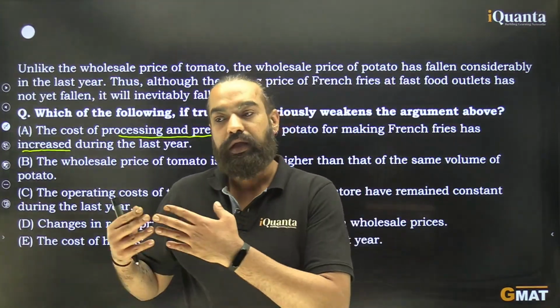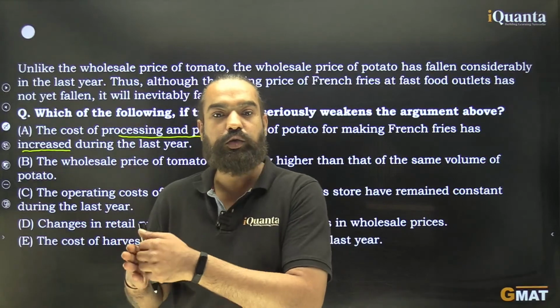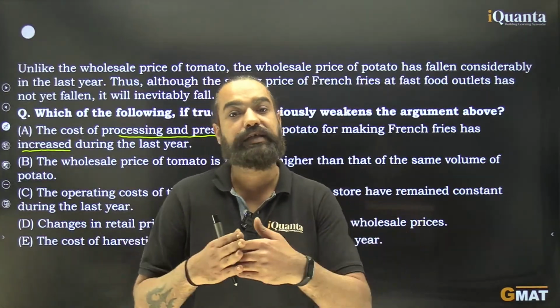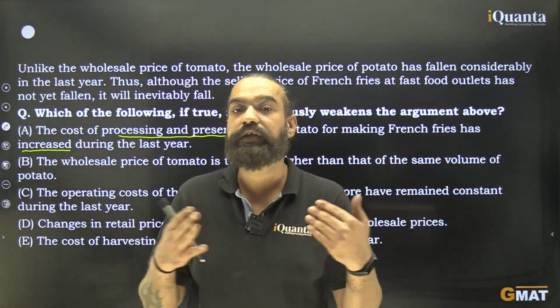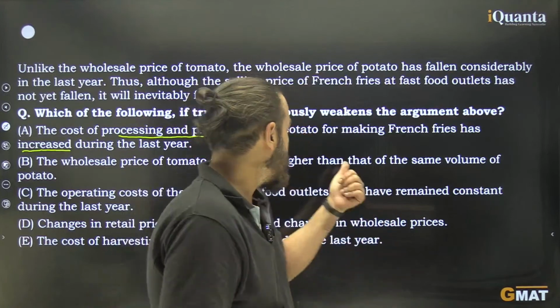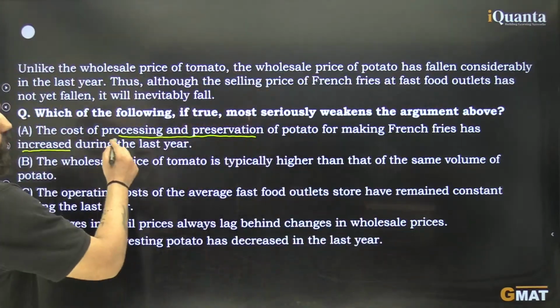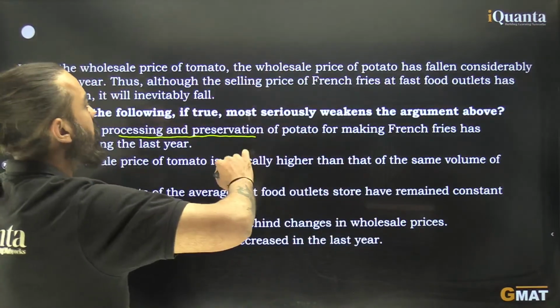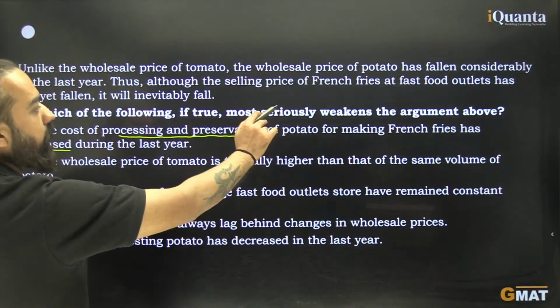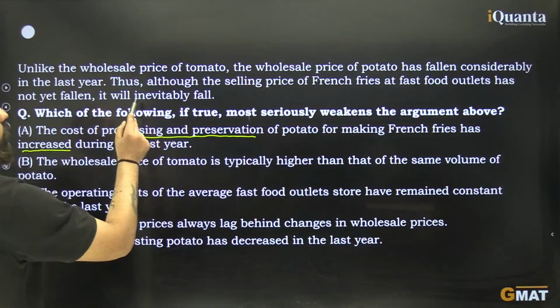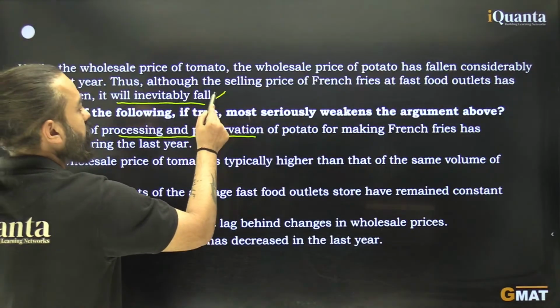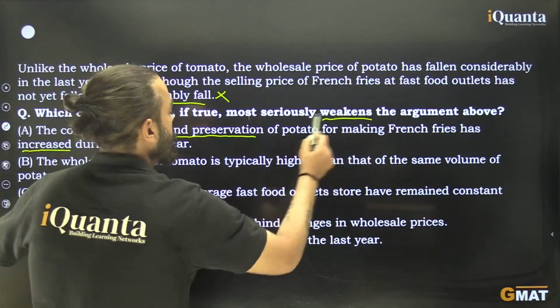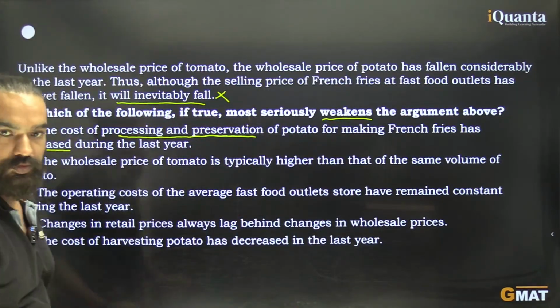But if we say the amount required to make a t-shirt out of cotton has increased, then the prices of the t-shirt may not fall, right? That's exactly the same logic here. The cost of processing and preservation of potato for making French fries has increased. Thereby, the claim that the price of French fries will inevitably fall is weakened if this statement is true.